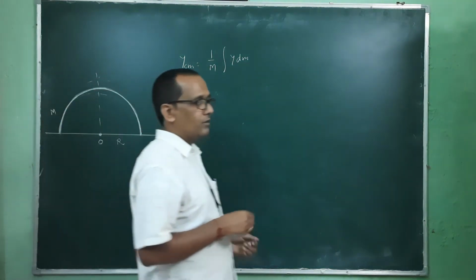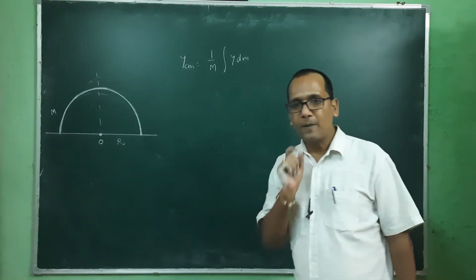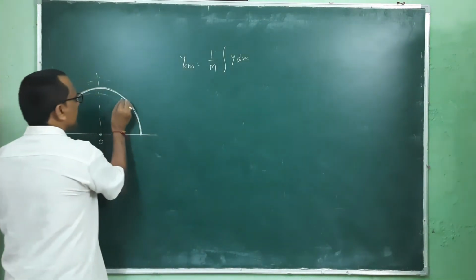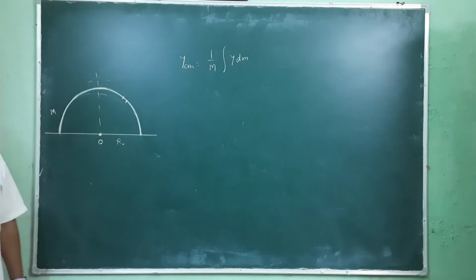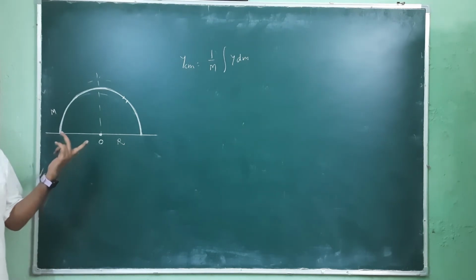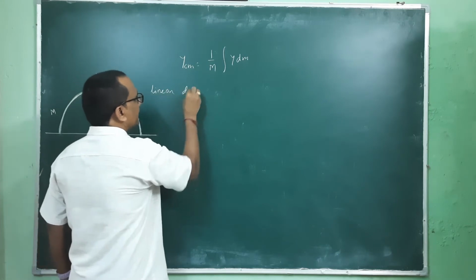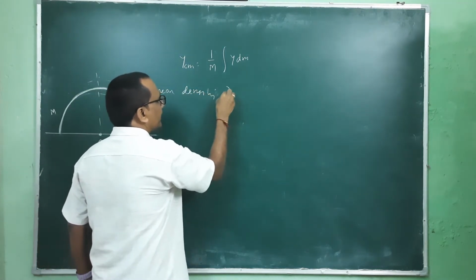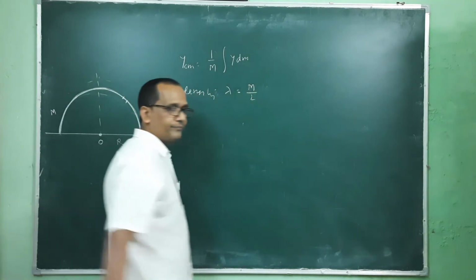Now we will use the concept of angular distribution. That is, we are taking a small part, somewhere here, this is that small part. Again we will use the linear density. So that linear density I will use, lambda is equal to mass per unit length.